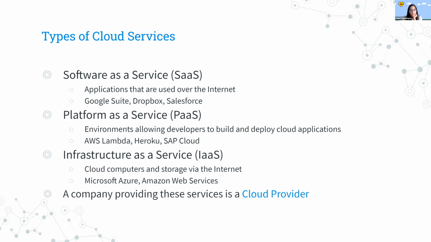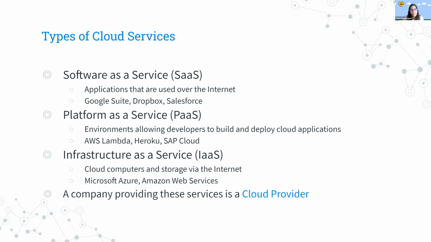And yes, also PaaS services are called cloud platform services, and they reduce the amount of code that developers need to write when they are making apps. And some examples of PaaS cloud services are AWS Lambda, Heroku, and SAP Cloud.